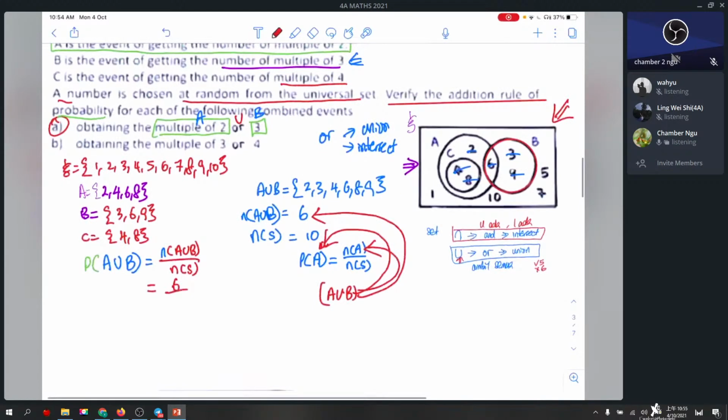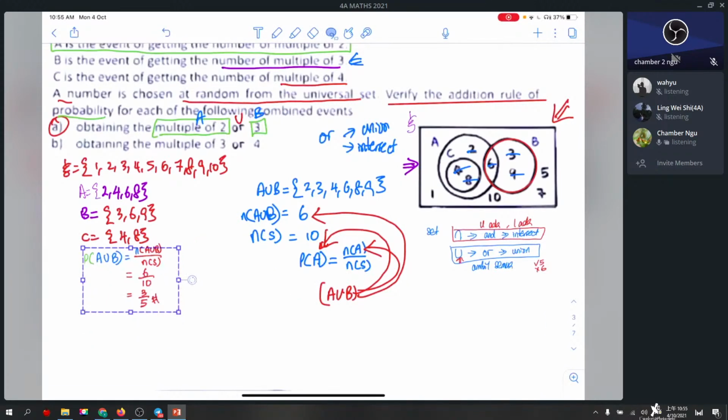Then you will simplify, we get 3 over 5. Okay. Understand or not? If yes, reply me 3. If not, reply me 4.